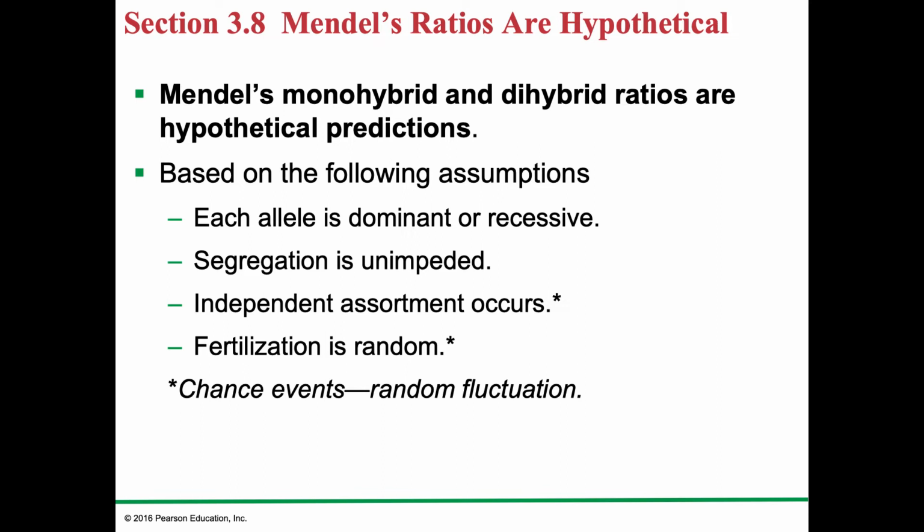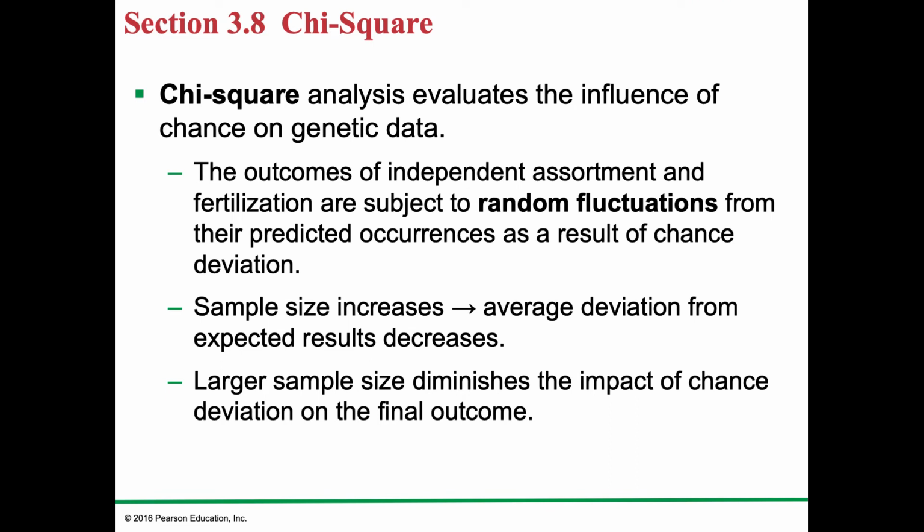Or is it possible that there is some other interfering factor that could have led to our outcome not matching our predictions? And so that's what we're looking at with chi-squared. Does our outcome match our prediction? If not, why? Is it because of chance or is it because of something else?